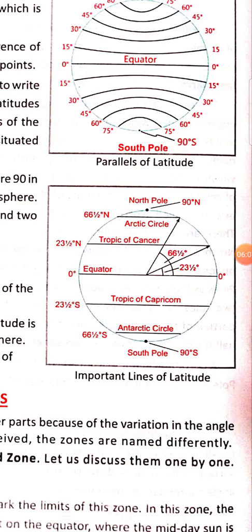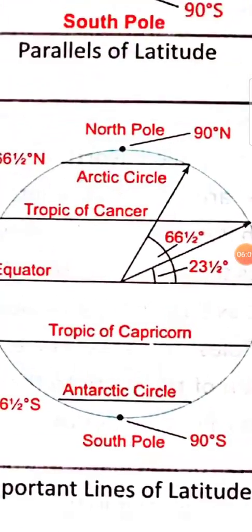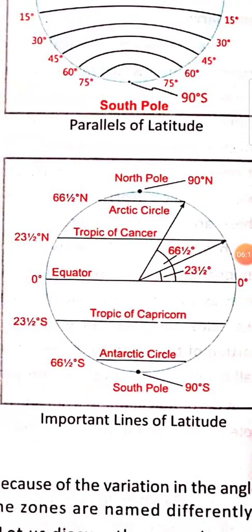Besides the equator and two poles, other important lines of latitude are: Tropic of Cancer, 23.5 degrees north. It lies north of the equator in the northern hemisphere. Tropic of Capricorn, 23.5 degrees south. It is located south of the equator in the southern hemisphere.